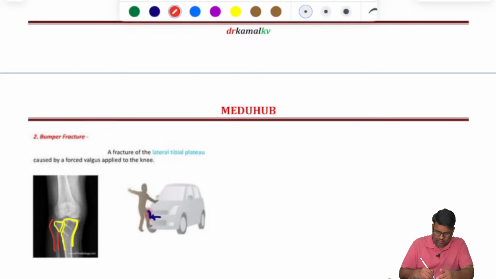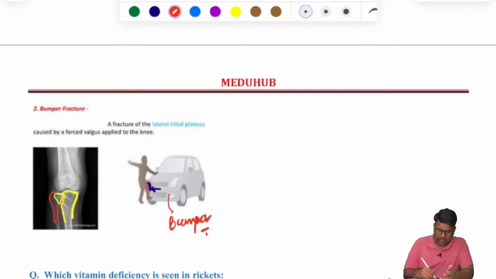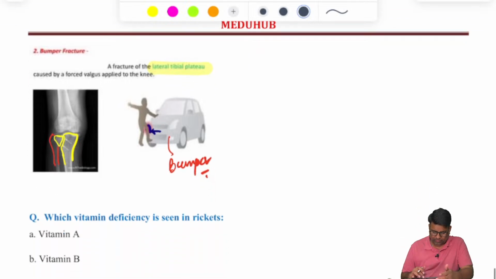So this is the bumper fracture. The hit is from the side, since it is because of the bumper of the car, it is the bumper fracture, involving the lateral part of the tibia, so lateral tibial plateau fracture.